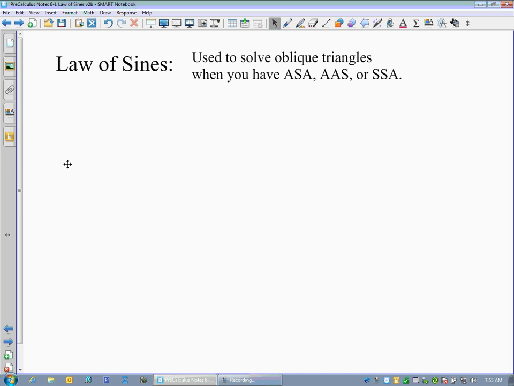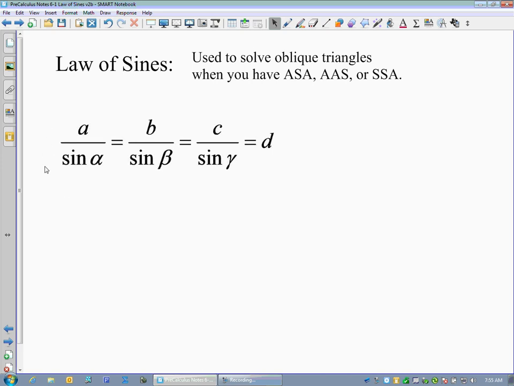And the version I'm going to choose to use will be the one where it's A over sine alpha equals B over sine beta equals C over sine gamma. That's the law of sines version I'm going to use. And remember that alpha, beta, and gamma are just the three angles of the triangle. So those three angles do add up to 180. And also D is the diameter of the circumscribed circle.